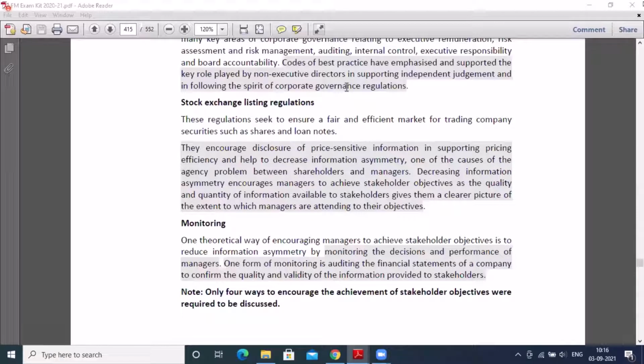These are the listing requirements, and you need to follow all of them. If you don't, your company's share price will not be listed on the stock market. And how are these requirements framed? Most of the requirements are framed in such a way that managers will mainly focus on achieving the organizational goals rather than their individual goals.